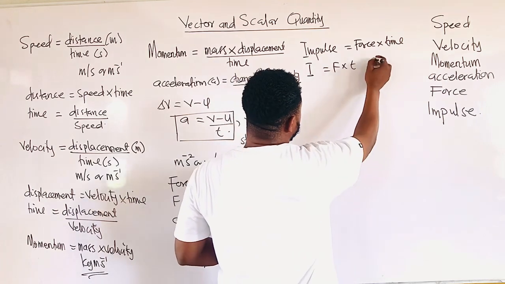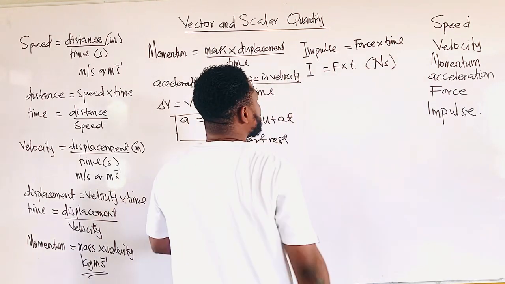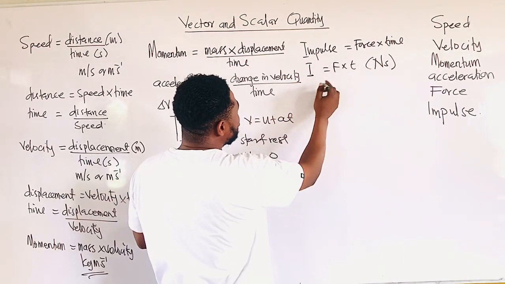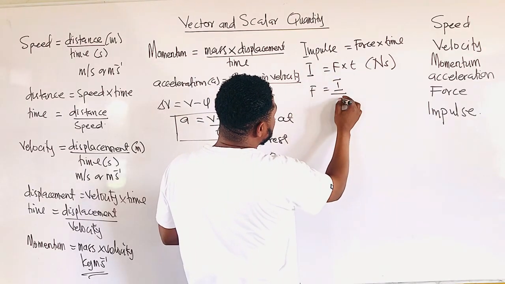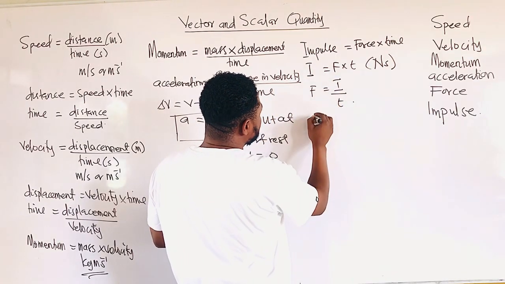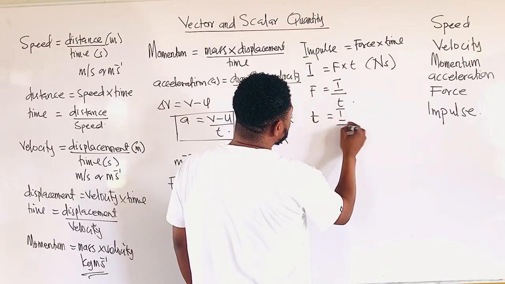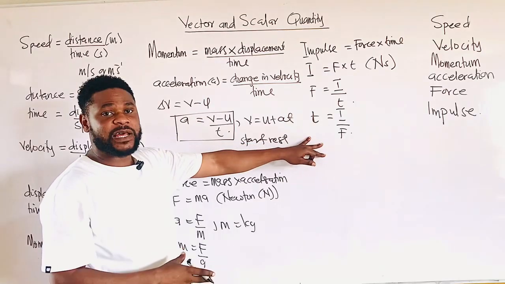T. And our impulse is measured in Newton seconds. So we should be able to know this unit as well. And from here we can say that force is equal to impulse divided by time. And time will also be equal to impulse divided by what? Force. So we can have these formulas here.